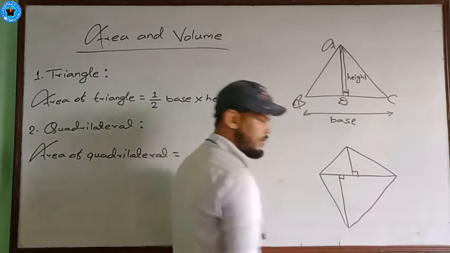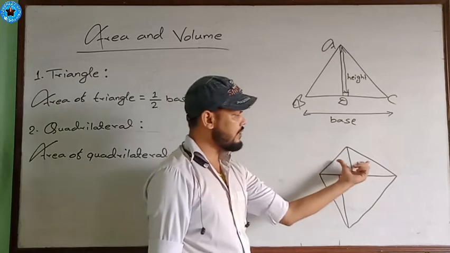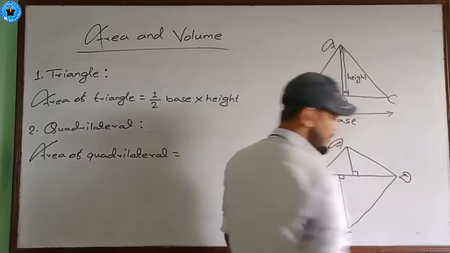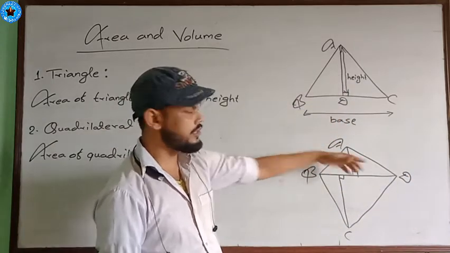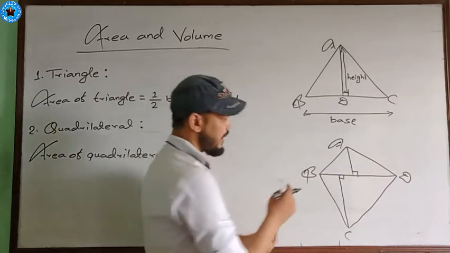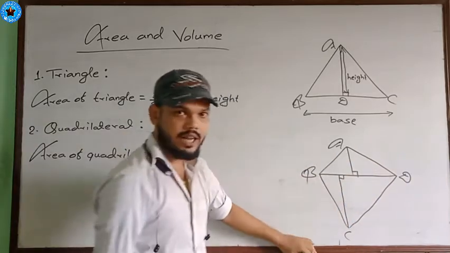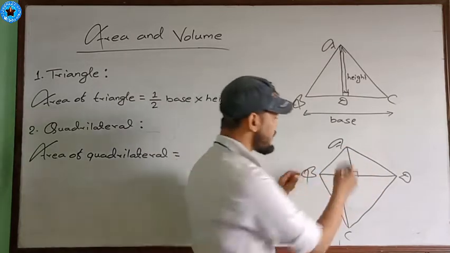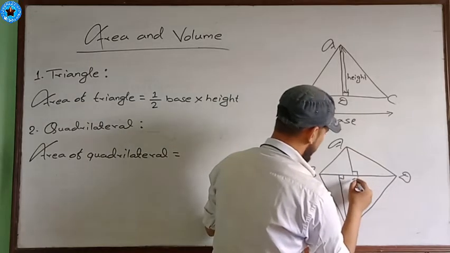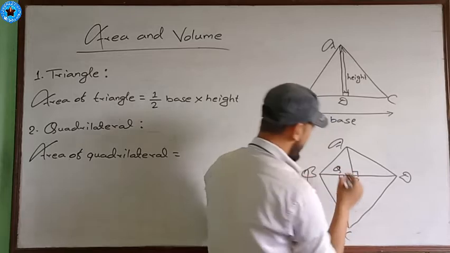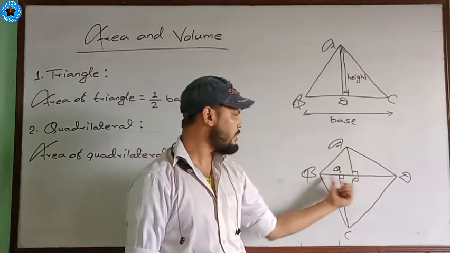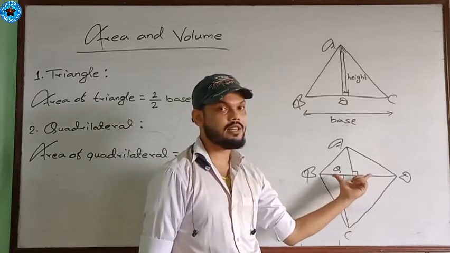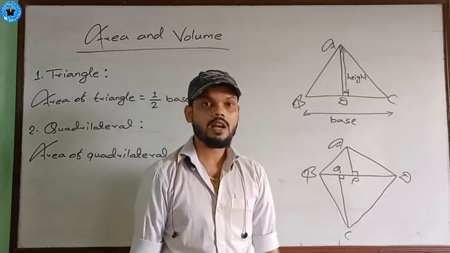So now this is A, B, C and D. If you consider the triangle ABD, then this BD is the base, and let the feet of the perpendiculars be P and Q. This AP is perpendicular to BD, so BD is the base and AP is the height.